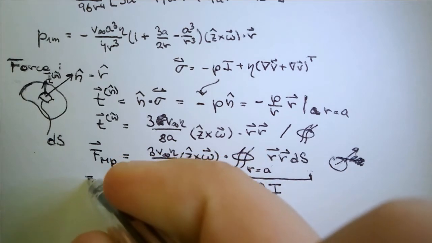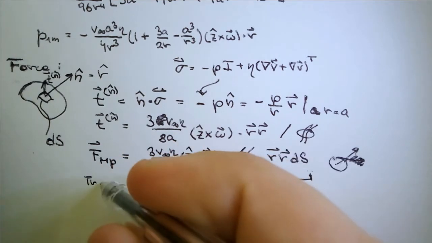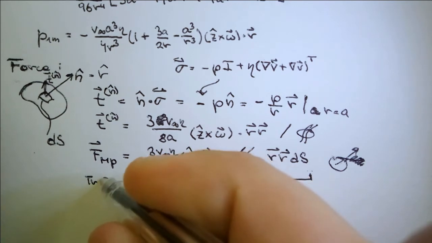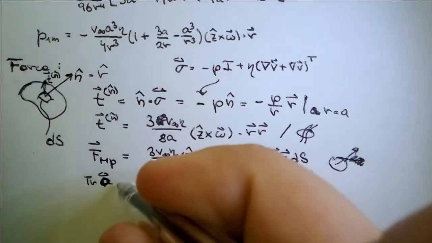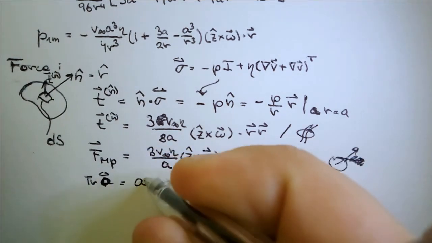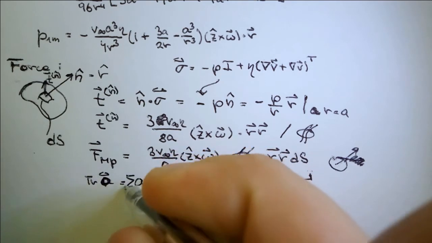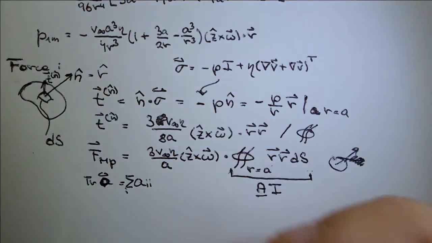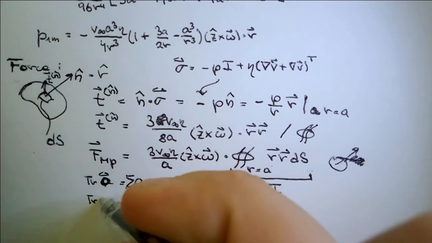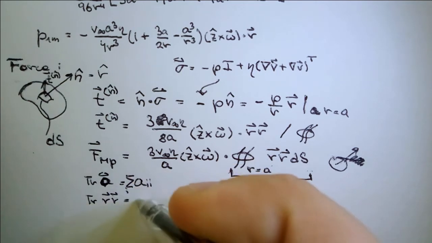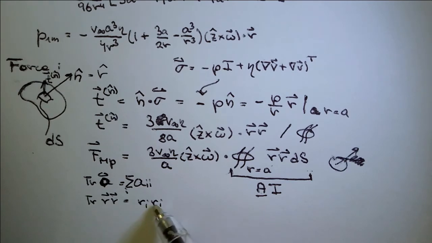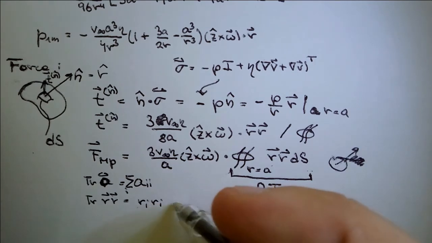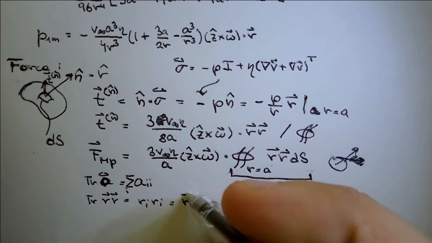Remember that the trace of any double tensor is just the sum of A_ii, where i spans the whole dimension. So the trace of rr is x squared plus y squared plus z squared, which is r squared.